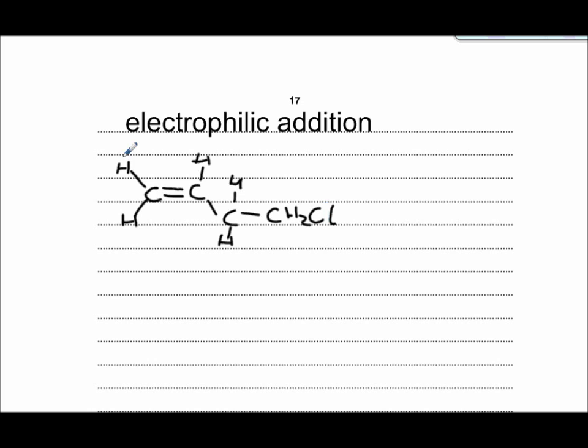So, writing my equation then, I've got plus HBr, and that will give me, and you've got to be careful with this one, potentially, or in fact, 2 different products depending on where the H and the Br join the molecule.